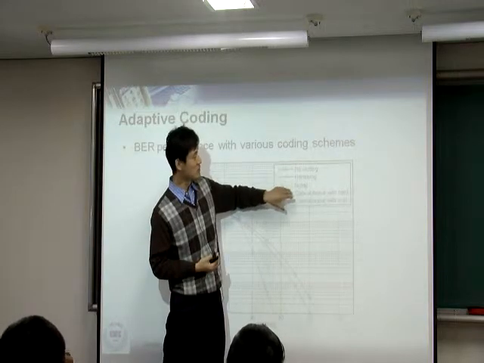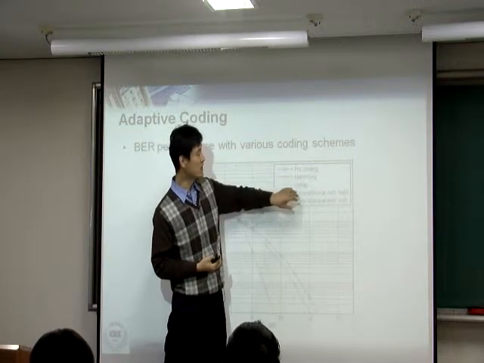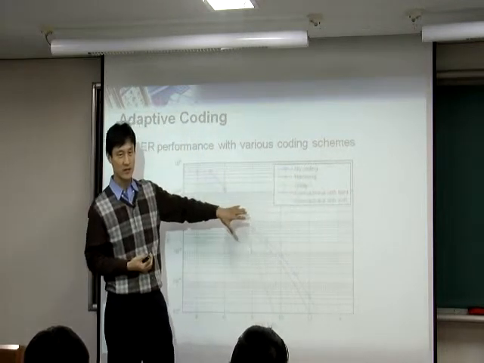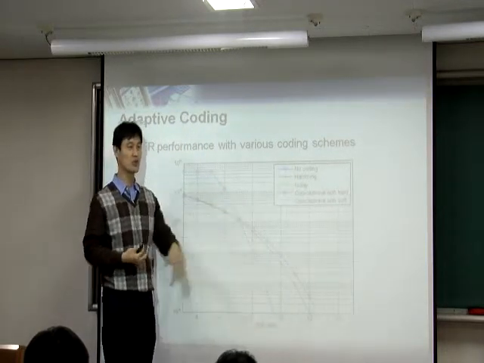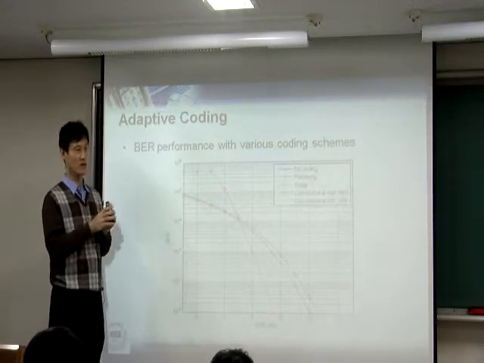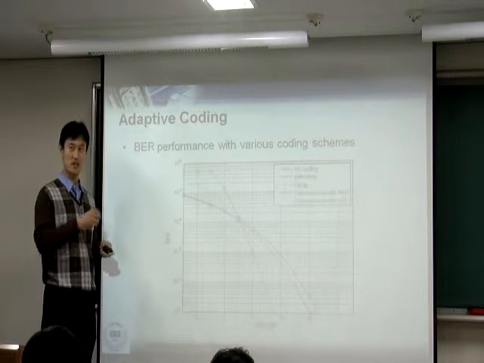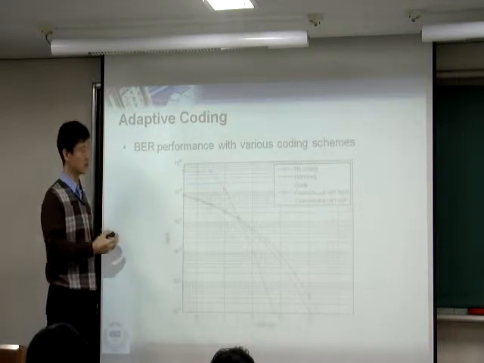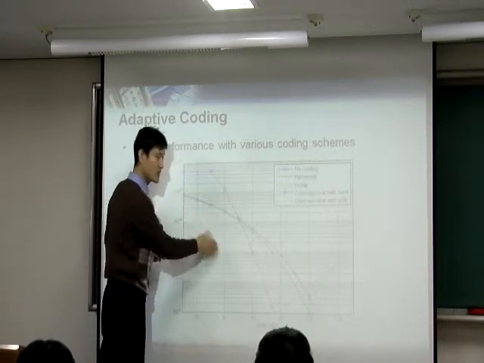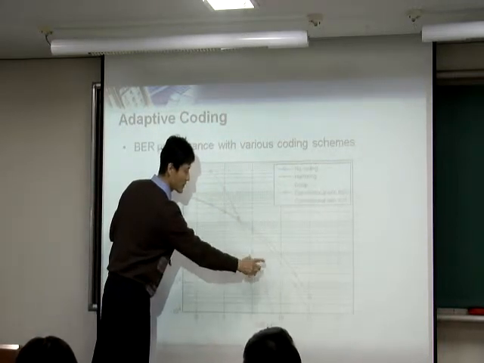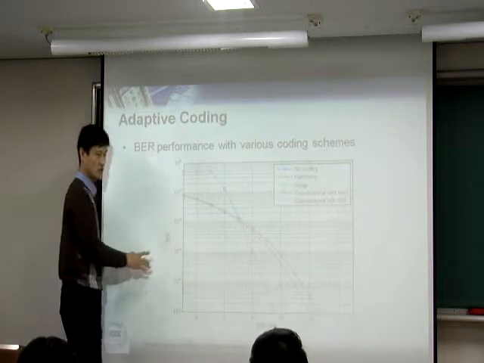So in a practical system, you fix the coding type, convolutional coding or turbo coding. You fix the one type, and what you want to change is the parameter of that encoder, decoder. By changing the parameter, you get a completely different bit error rate. By doing that, you draw multiple of them, and now you can find out the SNR range.